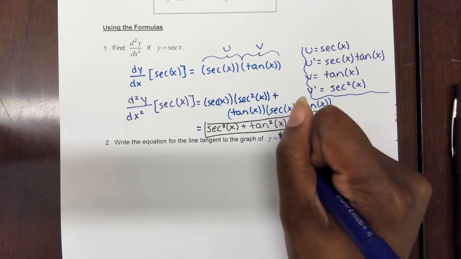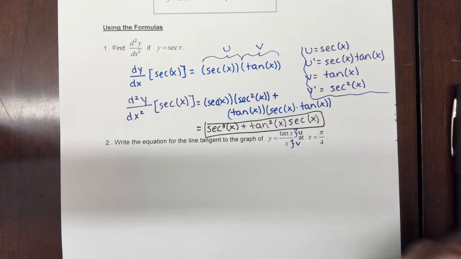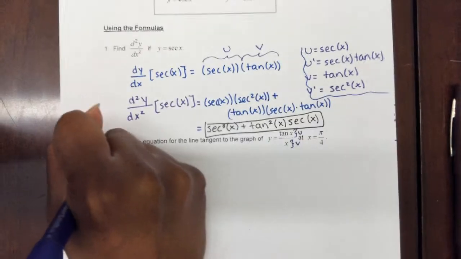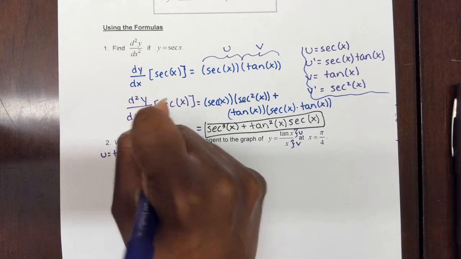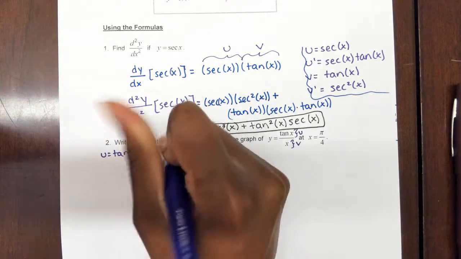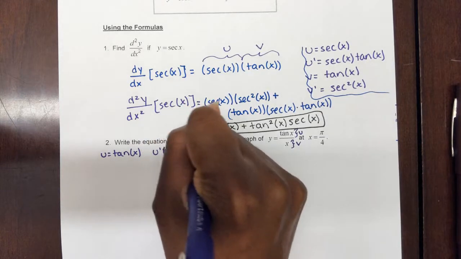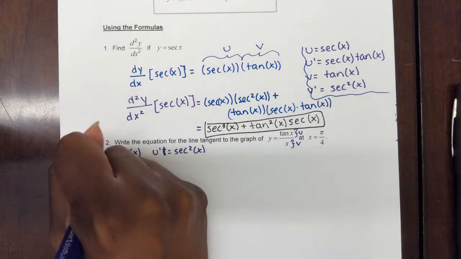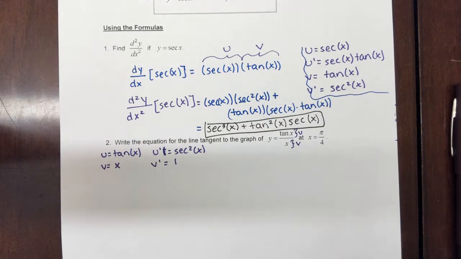So I'm going to make tangent x u and x v. So u is tangent x, so u prime is secant squared x. V is x, so v prime is 1.